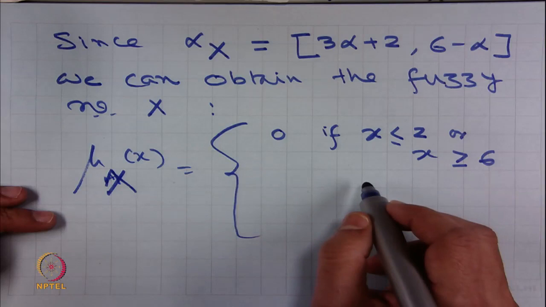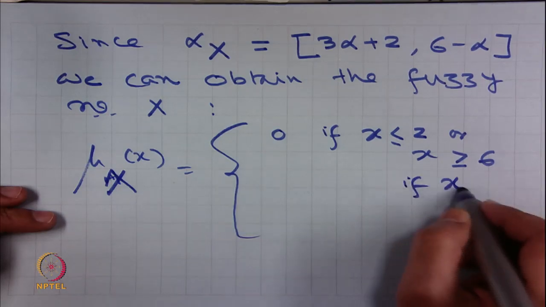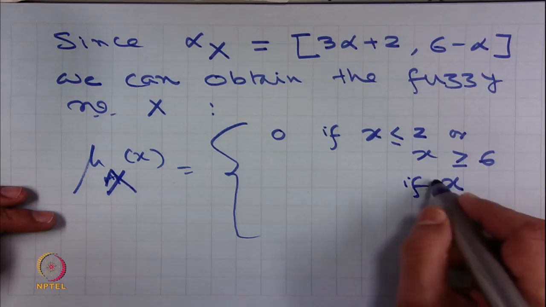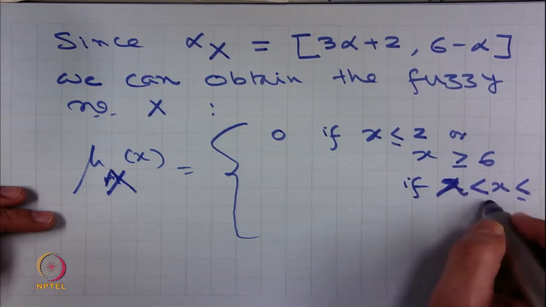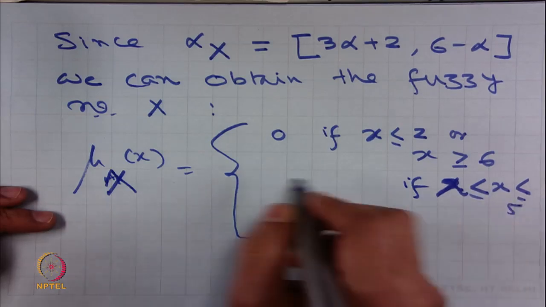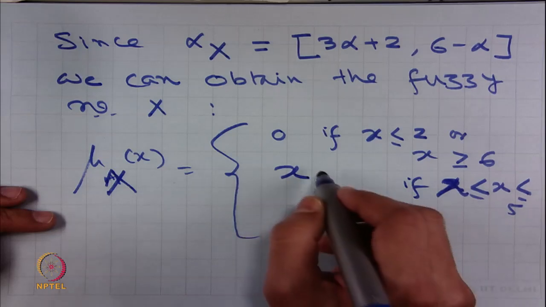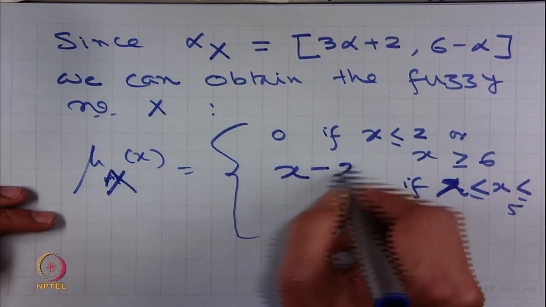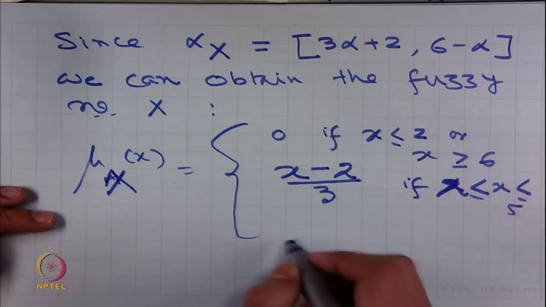Therefore, if x is between 2 and 5, we get the membership to be x minus 2 upon 3.